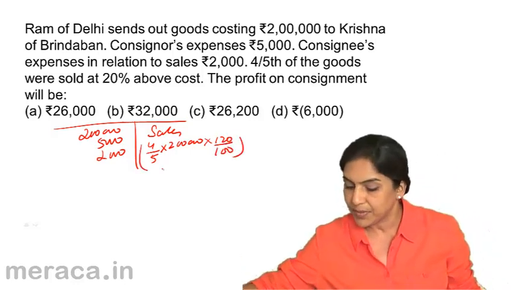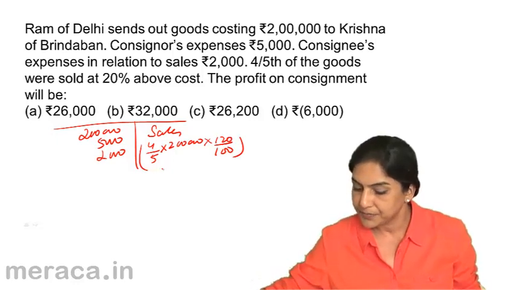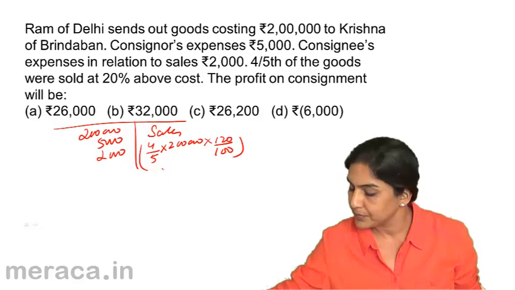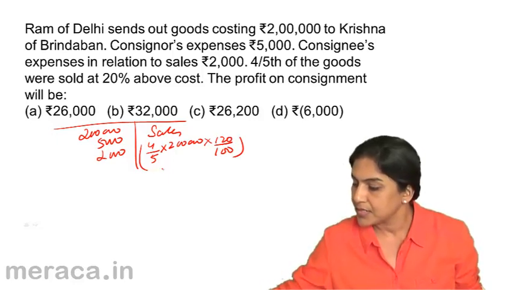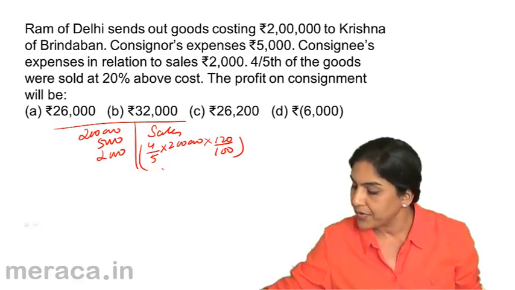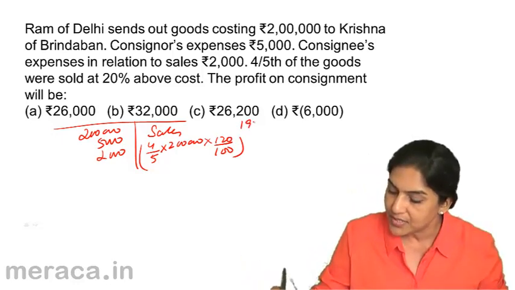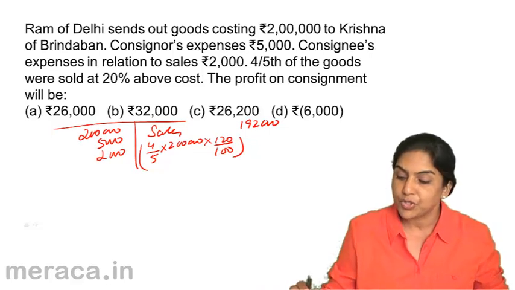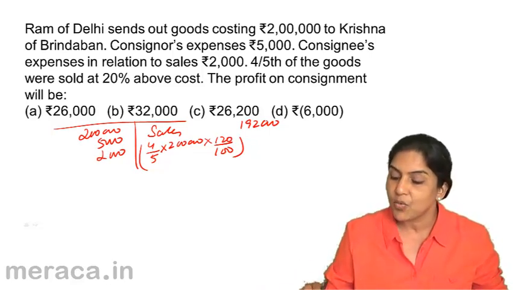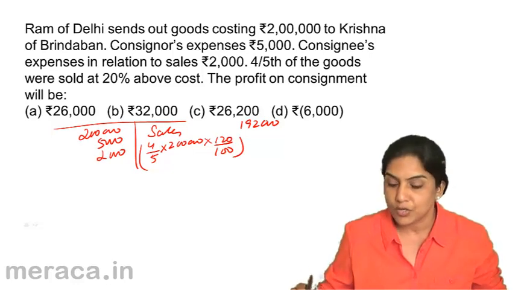If we take this quickly, we get 60,000, 4/5 of 2 lakh into 120%. That gives us 1,92,000 is the sales. And what we should not forget is that there is 1/5 of the goods as closing stock.